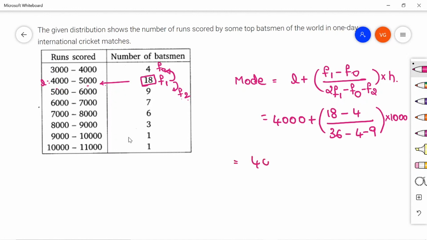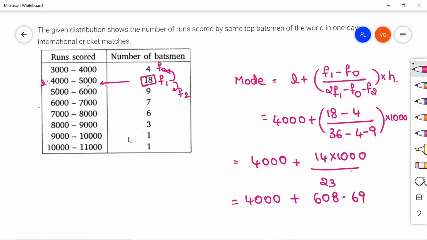Now simplify. 4000 plus 18 minus 4 here is 14, 14 into 1000, divided by 36 minus 4 minus 9, so that is 23. If you calculate this, you will get 4000 plus 608.69 approximately. So the value will be 4608.69. So this is the mode of the given data.